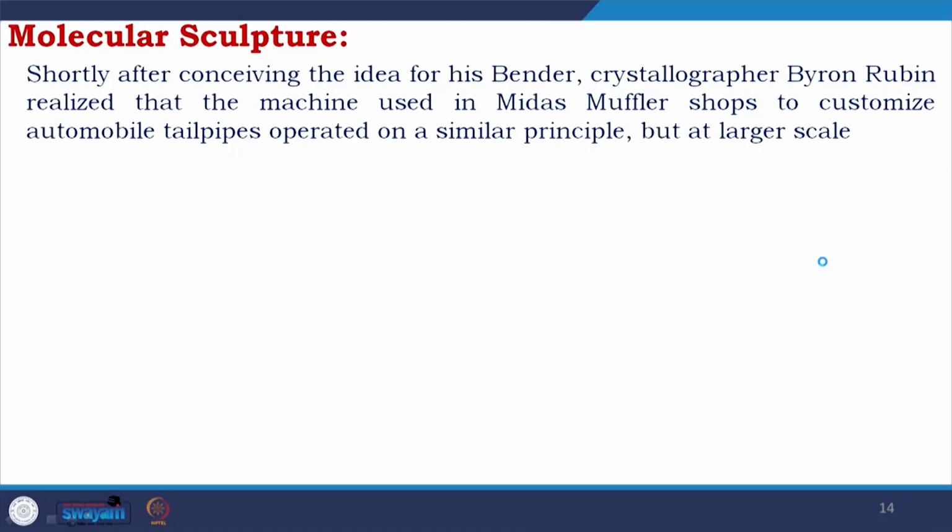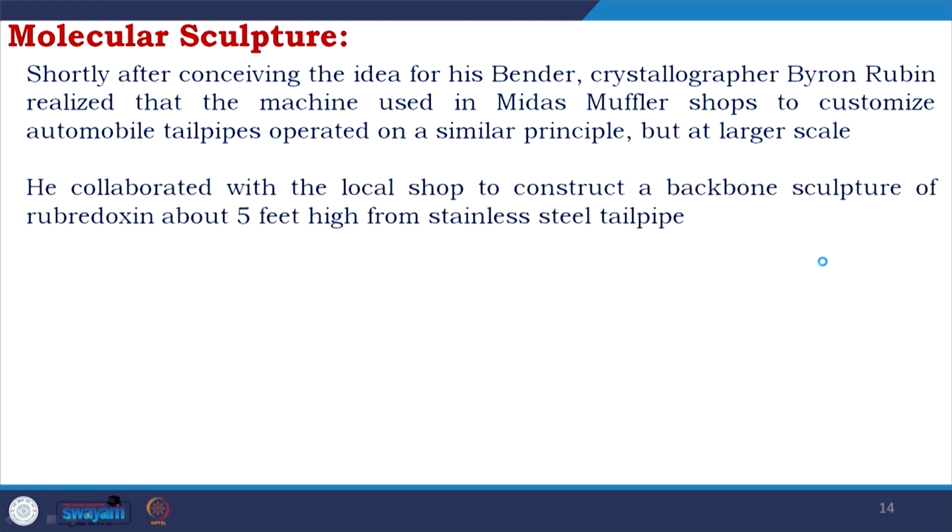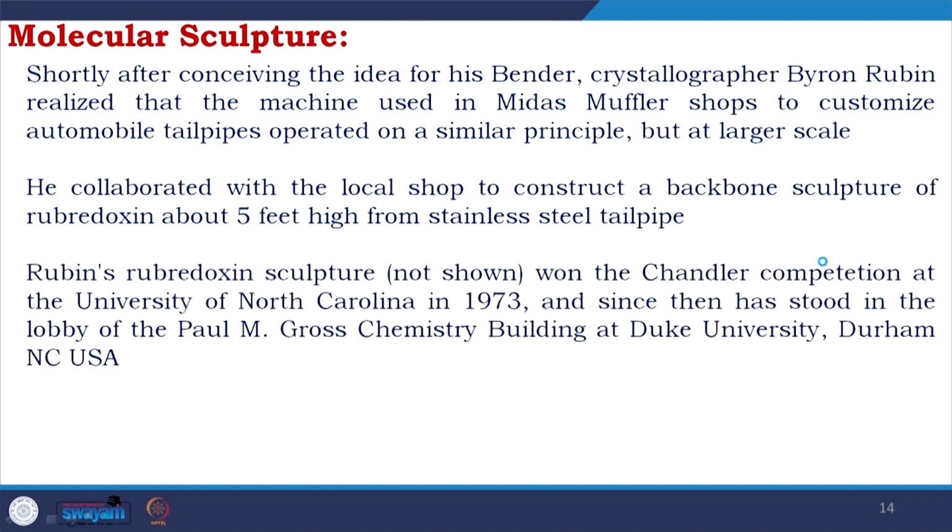Now, coming to molecular sculpture. Shortly after conceiving the idea of his Bender, crystallographer Byron Rubin realized that the machine used in Midas muffler shops to customize automobile tailpipes operated on a similar principle, but at a larger scale. He collaborated with the local shop to construct a backbone sculpture of rubredoxin about 5 feet high from stainless steel tailpipe.